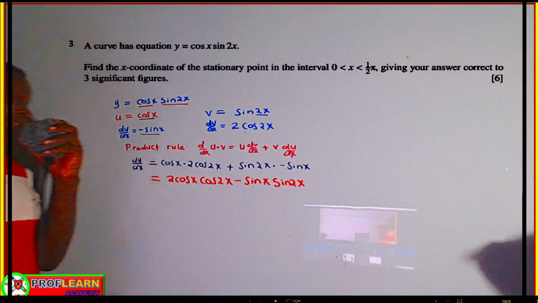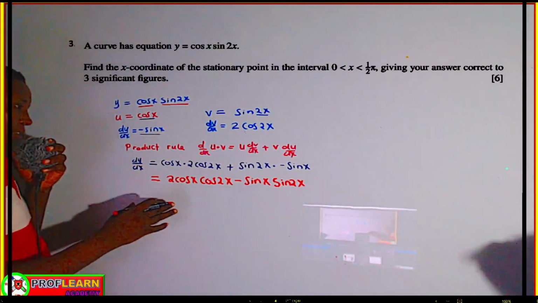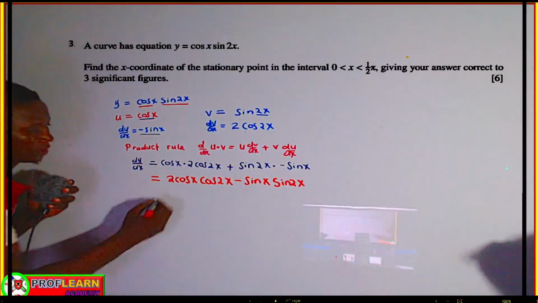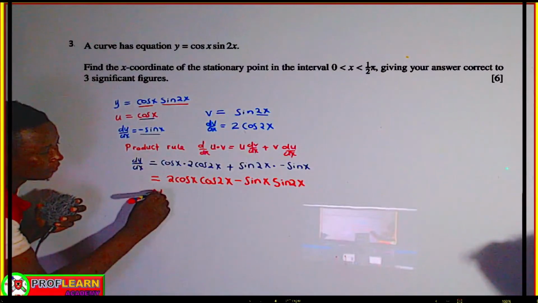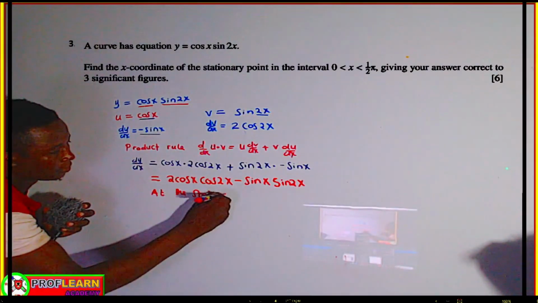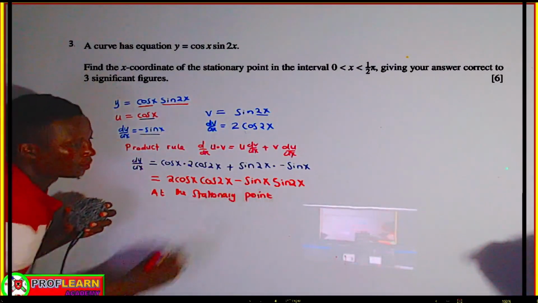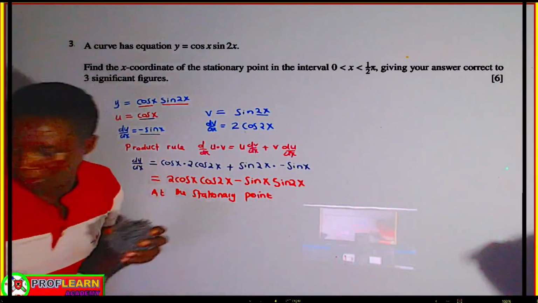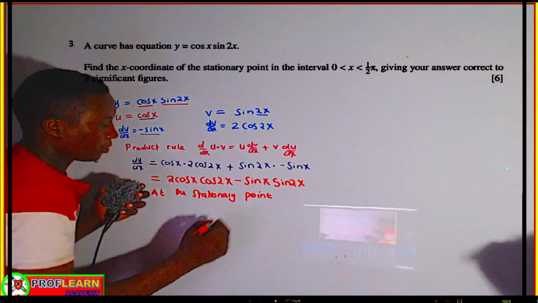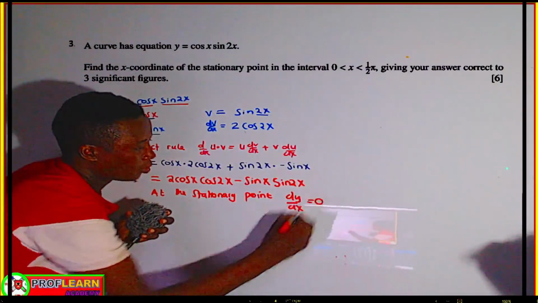Now finding the stationary point, at this point we cannot work anything out without, okay, we can now say that at the stationary point, dy/dx is equal to 0.